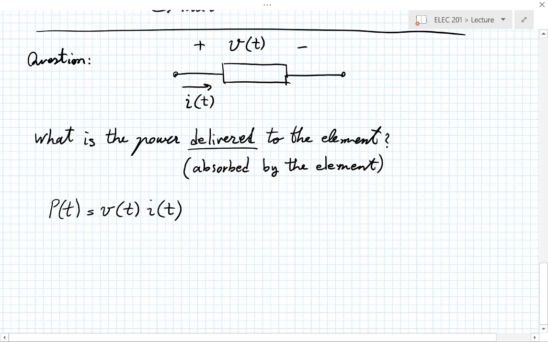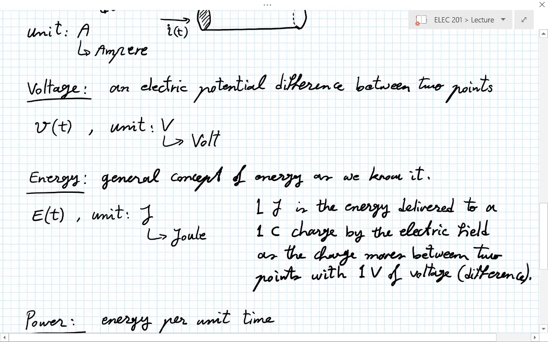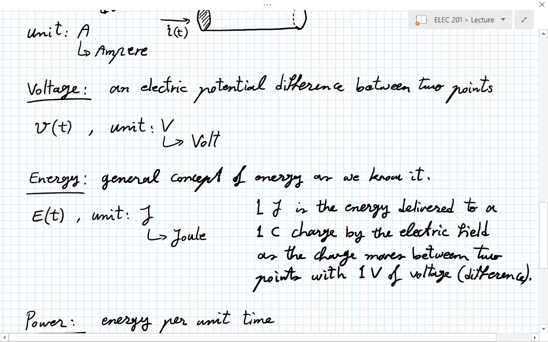Let's answer this question first. If I had 1 volt difference between the two sides, and a 1 coulomb charge going from the left to the right, how much energy would be delivered? 1 joule, that's the definition of joule. Or you could say it's the definition of volt, if you read it the other way around.